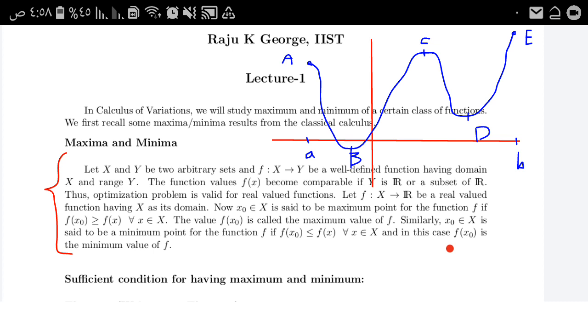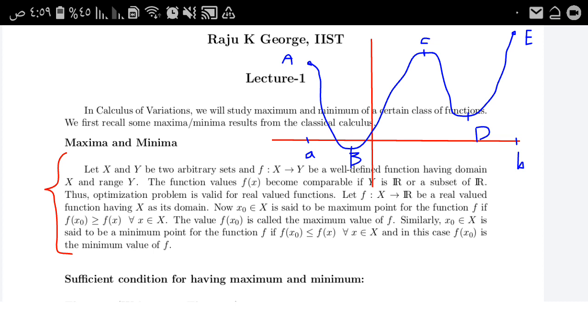Which one is absolute maximum? Yes. The point E is the absolute maximum.